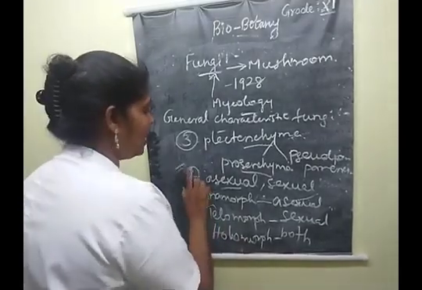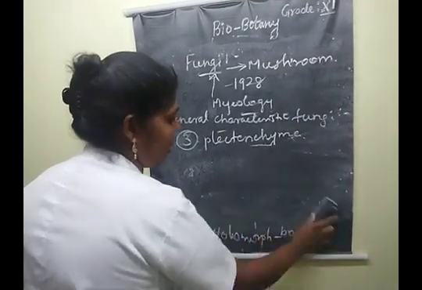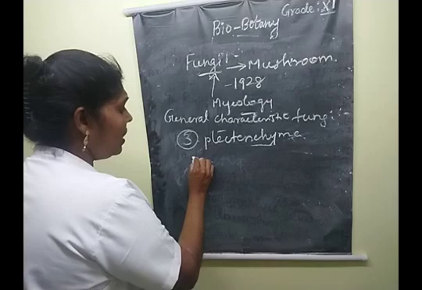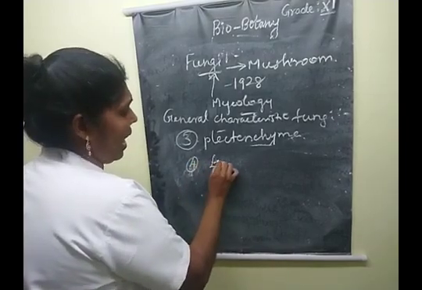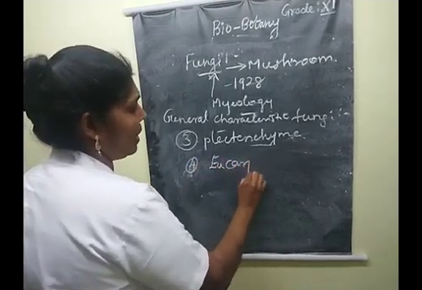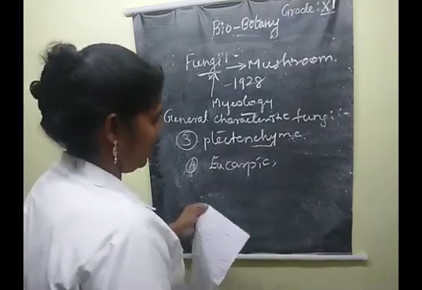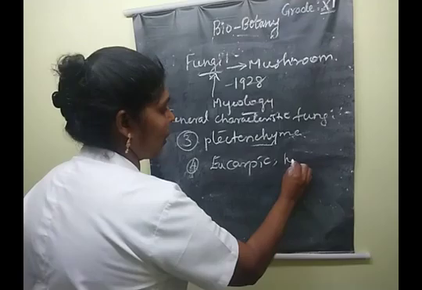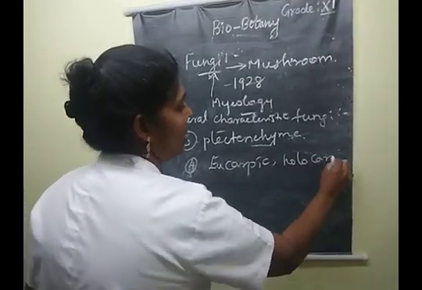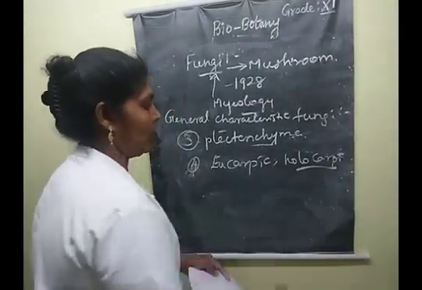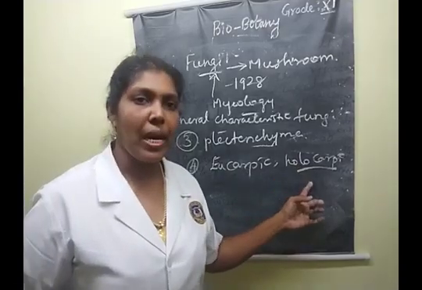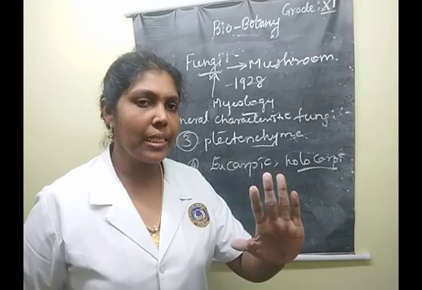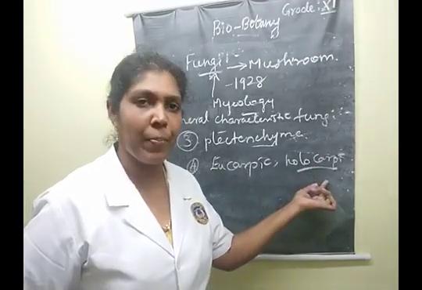Okay. Then just before that, learn one more point, children. What do you mean by eucarpic and holocarpic? All of you listen, children. Holocarpic means the entire thallus changes into reproductive structures.